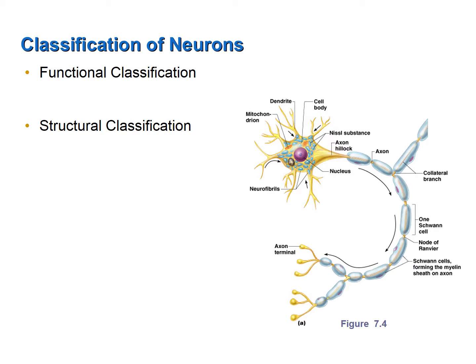Let us now talk about how we classify neurons. Neurons can be classified functionally by the direction in which they send electrical signals with respect to the central nervous system, or they can be classified structurally by the number of processes that they contain.